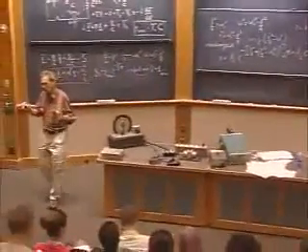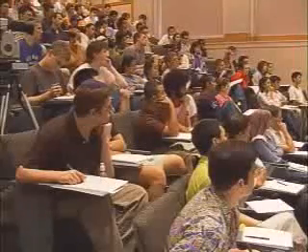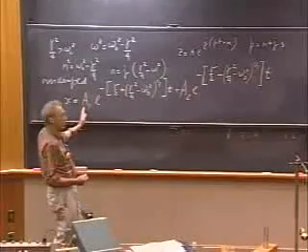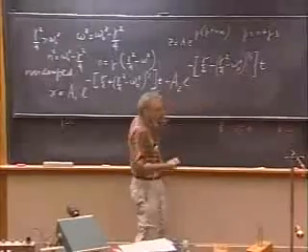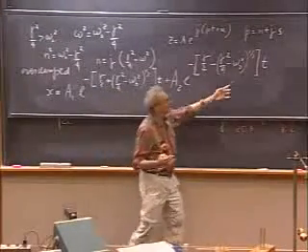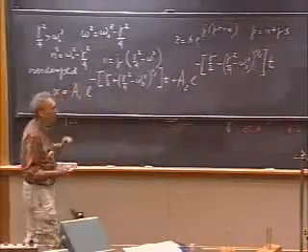And when you look at this solution, nothing is oscillating anymore. This is a decaying amplitude, A1, and this is a decaying amplitude, A2. They have different decay times. This determines one decay time, and this determines the other decay time.